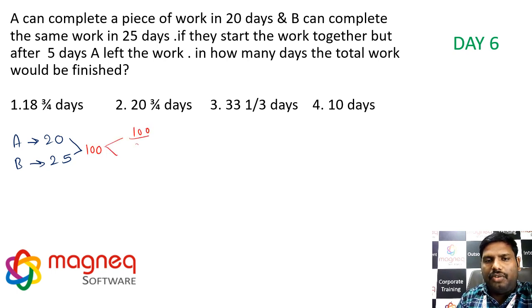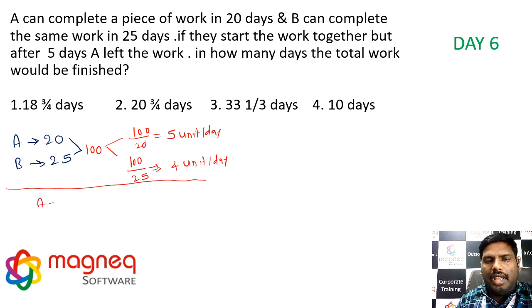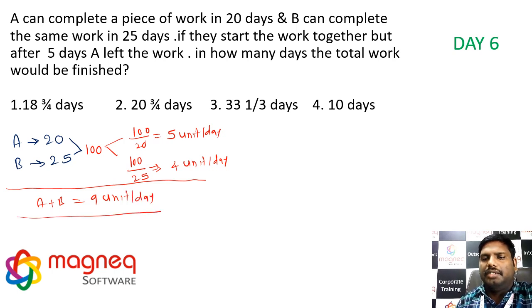So 100 by 20 means 5 units per day, and 100 by 25 means 4 units per day. If A and B work together, 5 plus 4, 9 units per day.